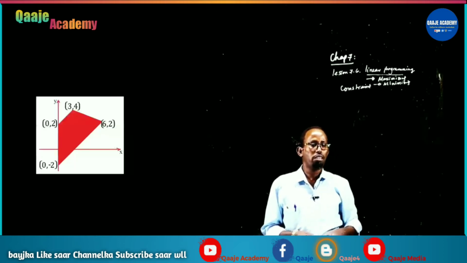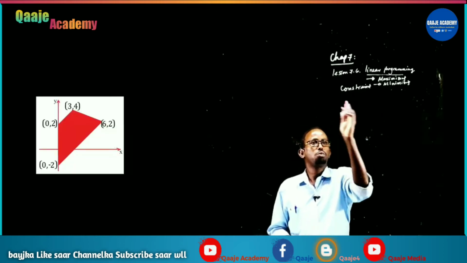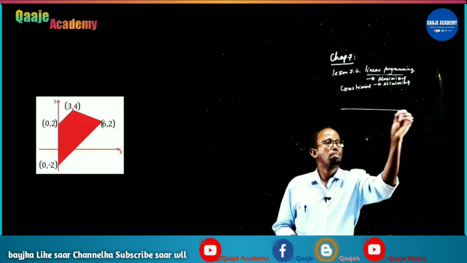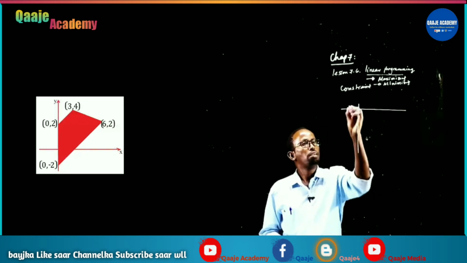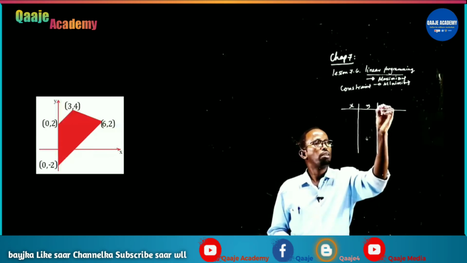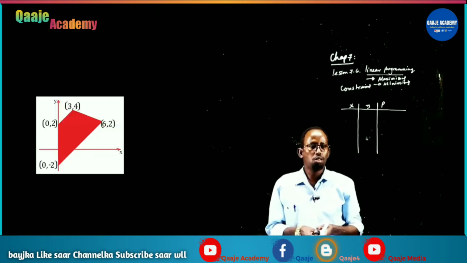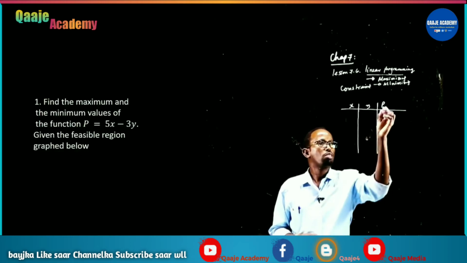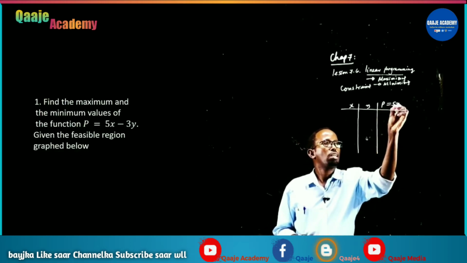So this one we are given. We just start with x and y. Then we have P, which is equal to 5x minus 3y.